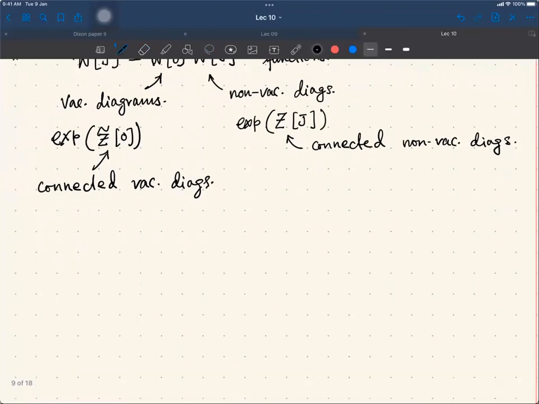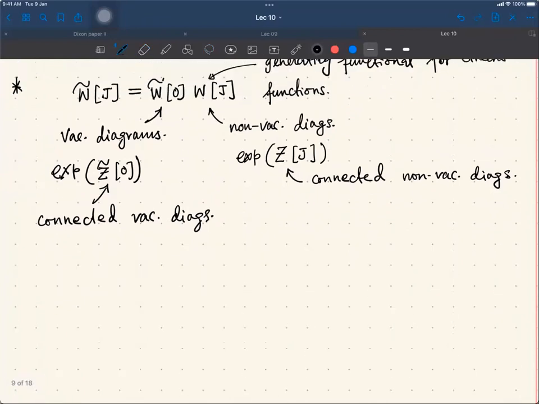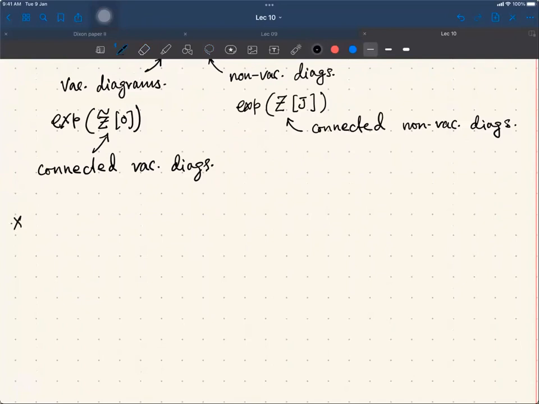So we shall now write down the contributions to Z tilde 0, ZJ, and WJ in terms of diagrams. So let me start with Z tilde 0. Z tilde 0 is all vacuum diagrams, connected.